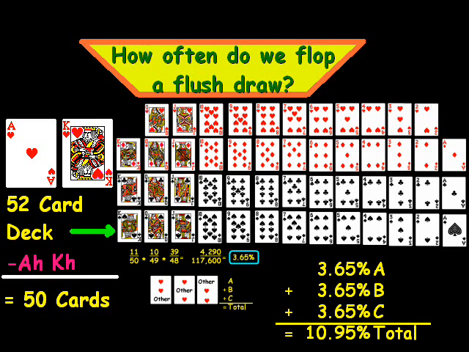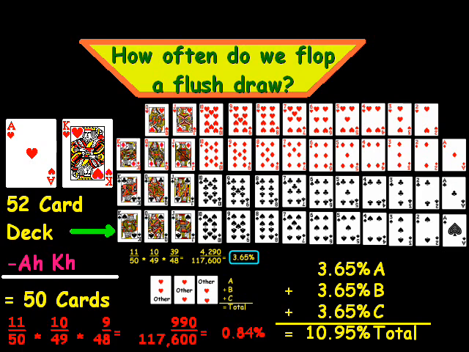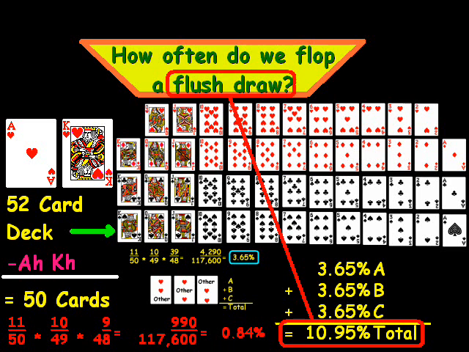And if we want to take a step further and say how often do we flop a flush, well, we just take 11/50 times 10/49 times 9/48, and it gives us a total of 0.084, which comes out to about 1 in 118 or 1 in 119 times that we'd actually flop a flush. But if we're just looking at a flush draw, we're going to do it about 10.95% of the time, which is about maybe 1 in 9, 1 in 10 times.